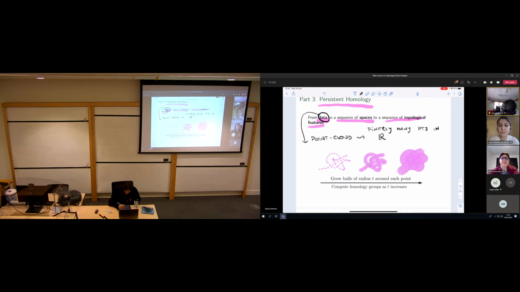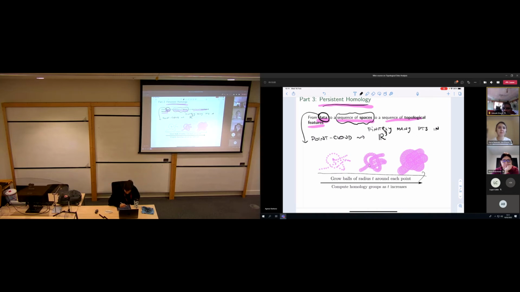Just for now, we can think about R3. And in its simplest definition, what persistent homology does is construct from a point cloud a sequence of spaces in a way that should resemble the intuitive idea of growing balls of increasing radius around the points in my point cloud.